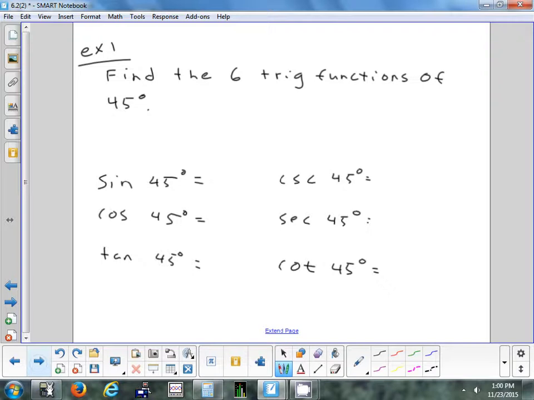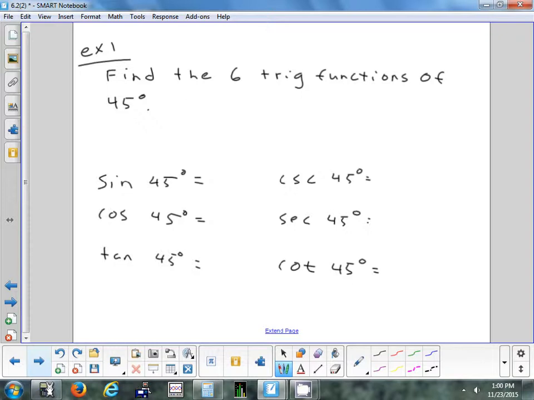All right. So let's just practice finding a few. For the first ones, I'll do all 6, and then we'll start doing less. Okay, so they gave me the angle. It's 45 degrees. If they give me the angle, what do I really need to find? Yeah, I got to get the coordinate.